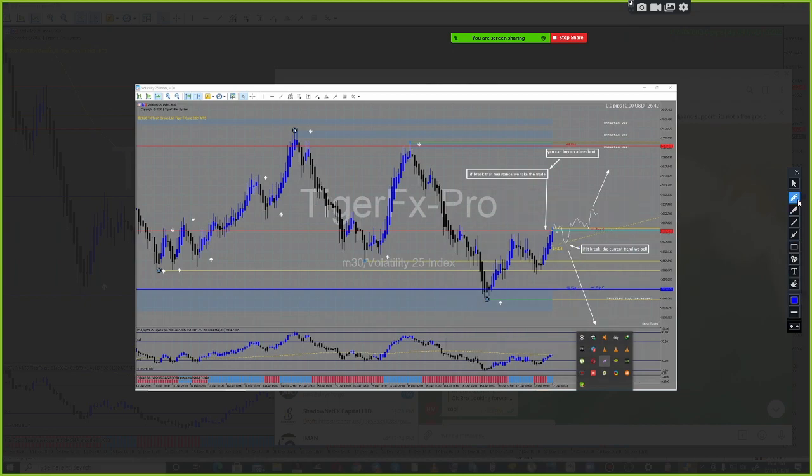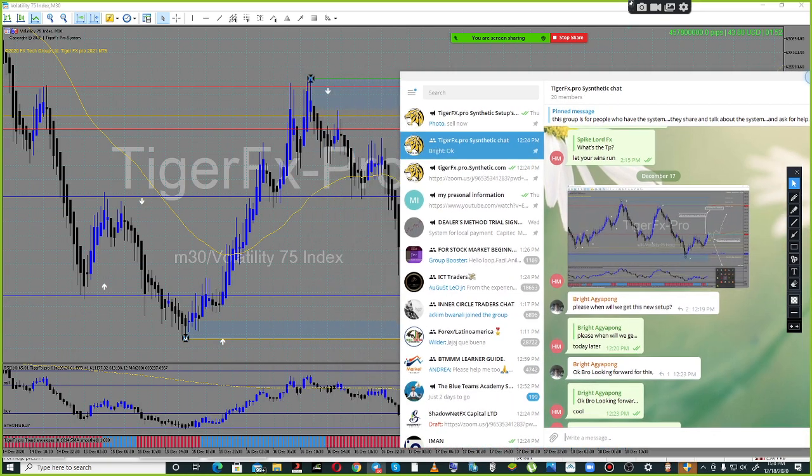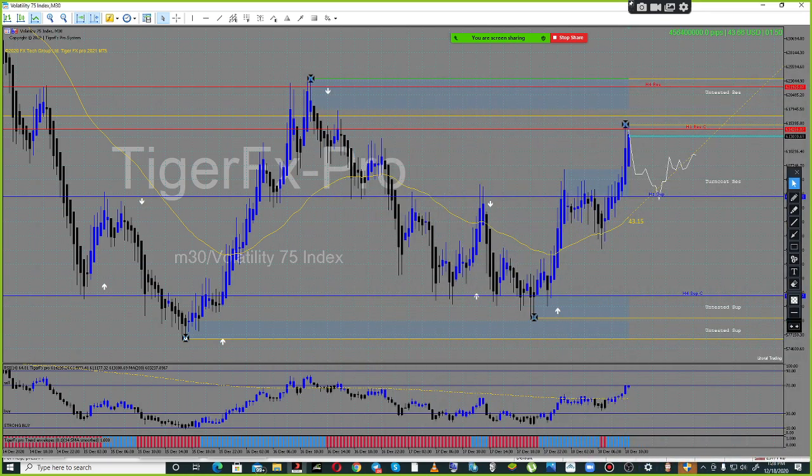If you have a signal and that signal is close to a resistance, don't just jump into a trade right away. Wait for price to break that resistance, because it may respect that resistance and find it difficult to break. Look at what's happening right now here. Price is struggling to break this resistance.